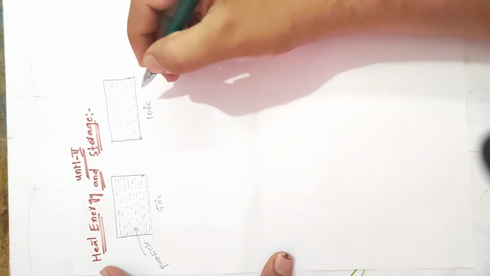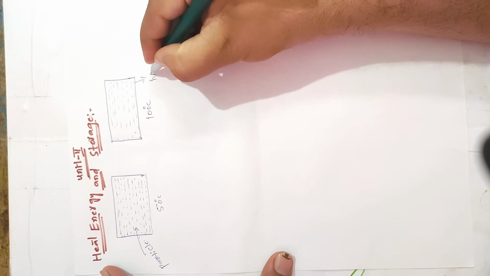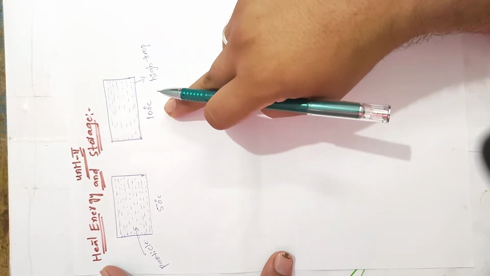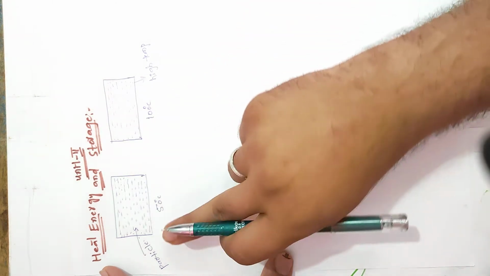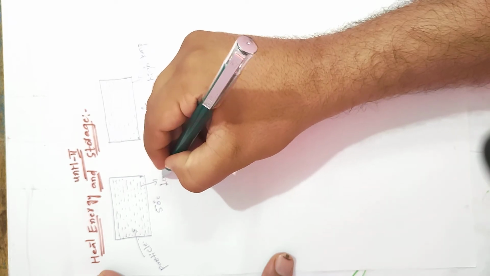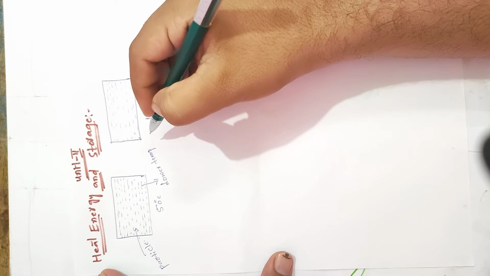Is it right? So this particle has the higher temperature because we are applying the temperature of 100 degrees Celsius. What about here? So this particle has the lower temperature.